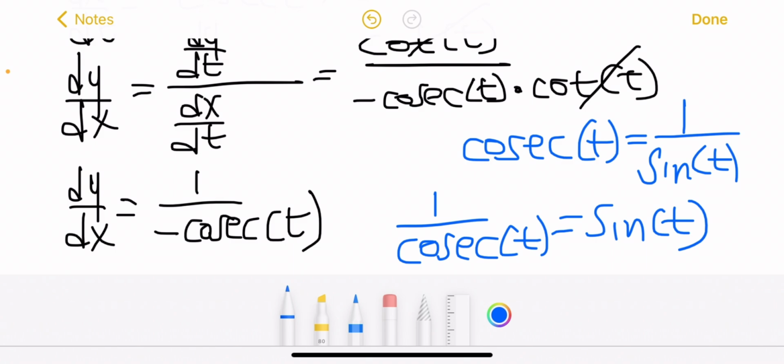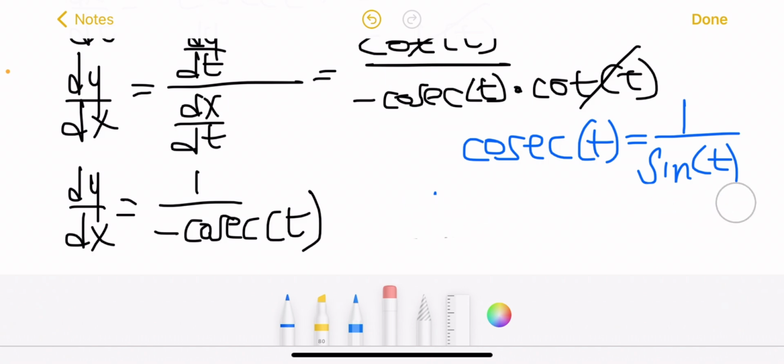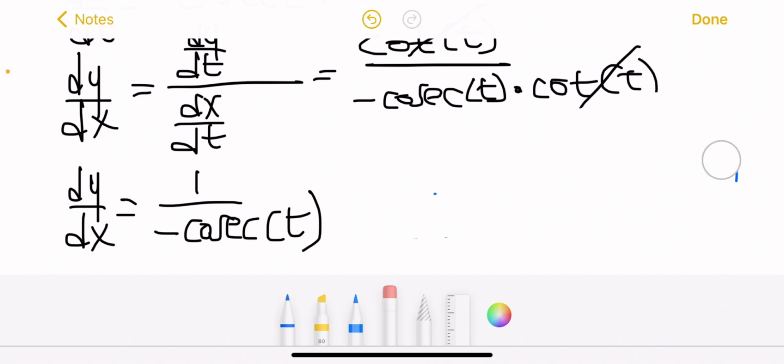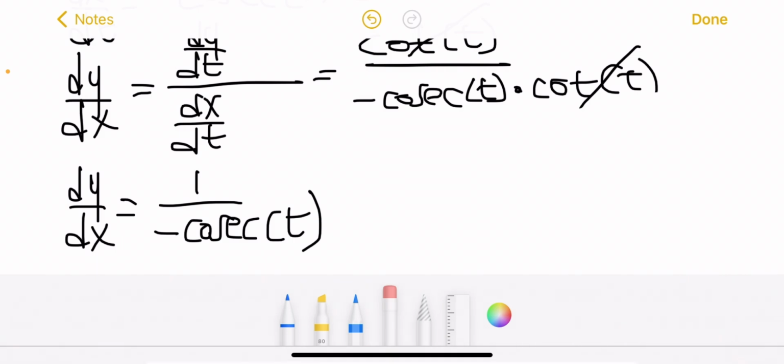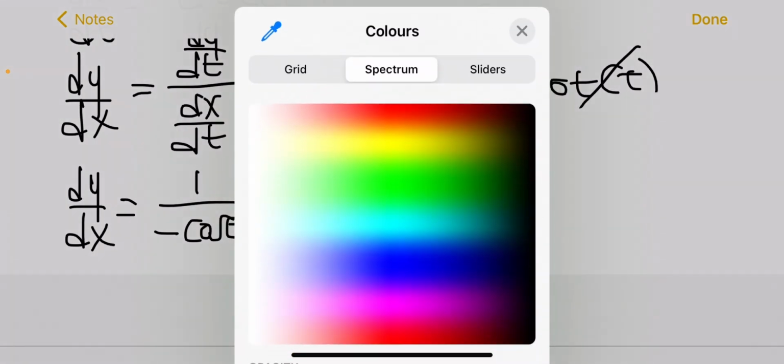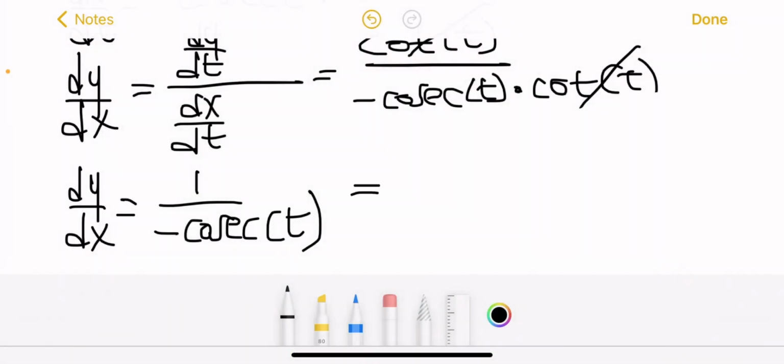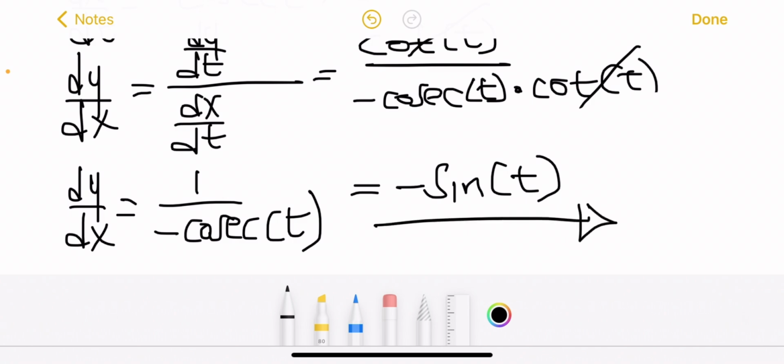Just have to substitute it now. This means that our final dy over dx will be negative sine of t. Okay, this is your final dy over dx.